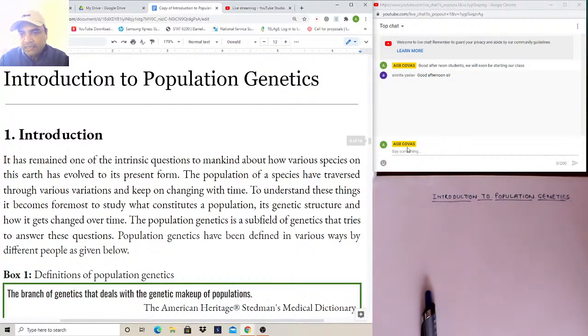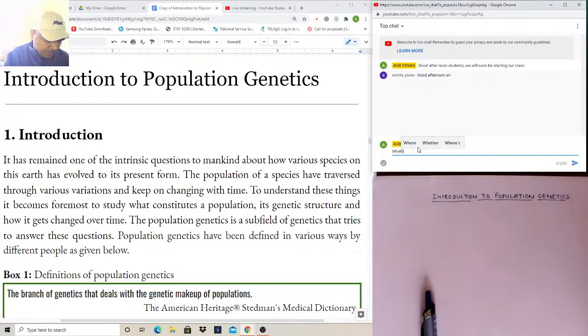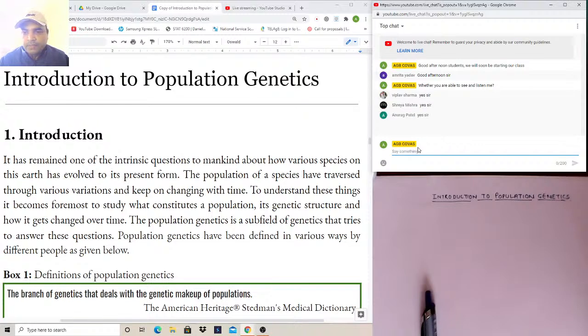Just write in this chat box if you are able to see and listen to me. Please reply to this question so I may continue. Okay, Viplav has said that he is able to see. Shreya Mishra is also there. Nurag Patel. Okay.